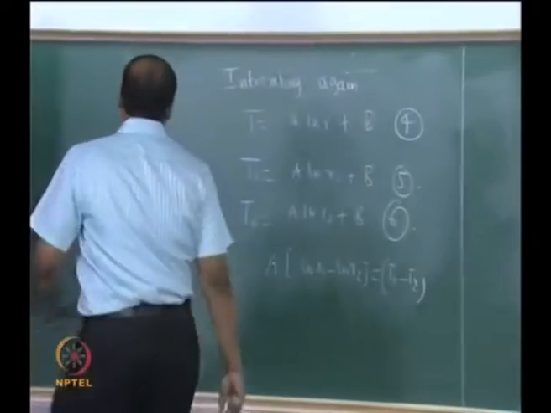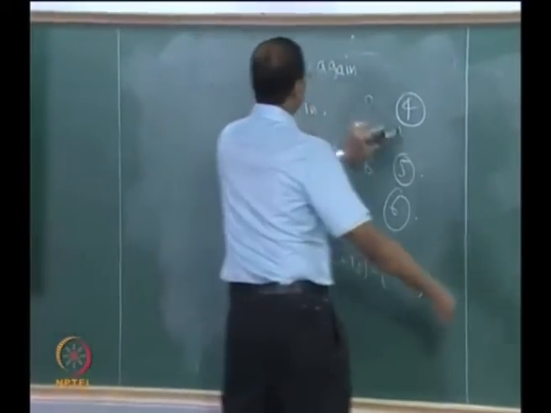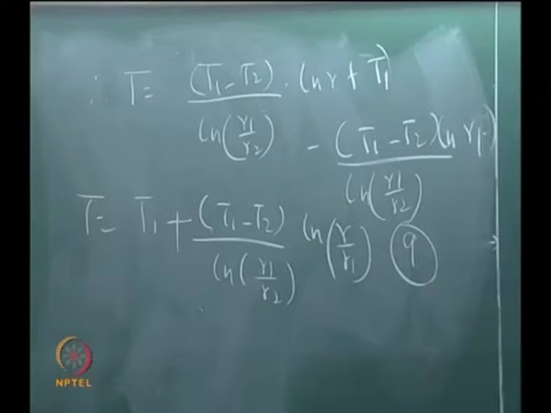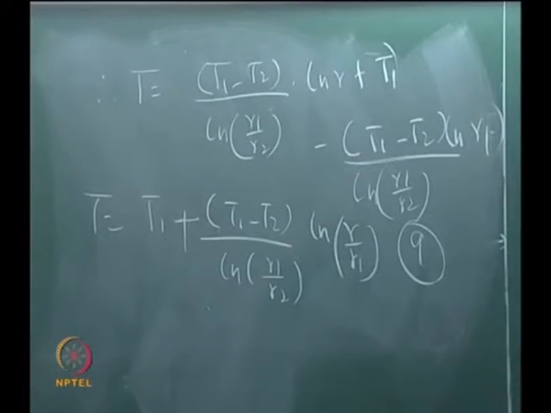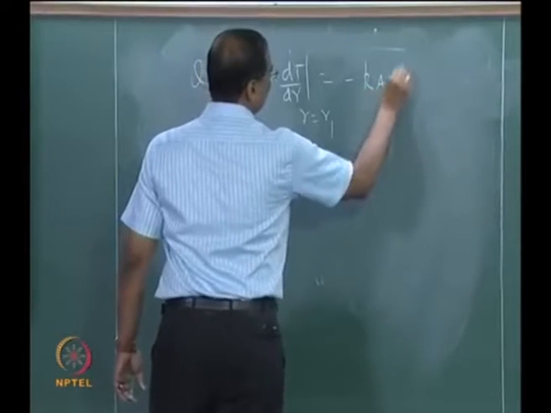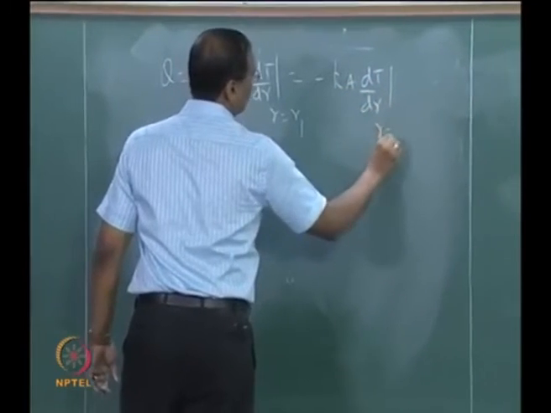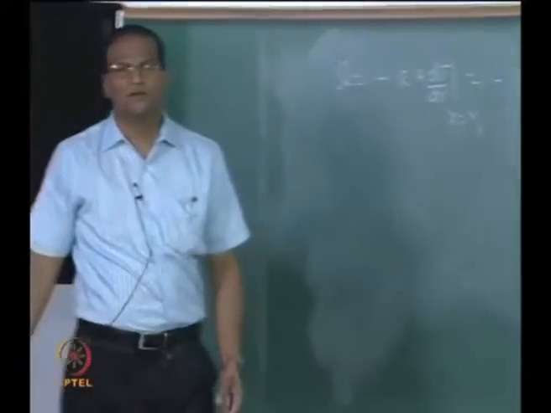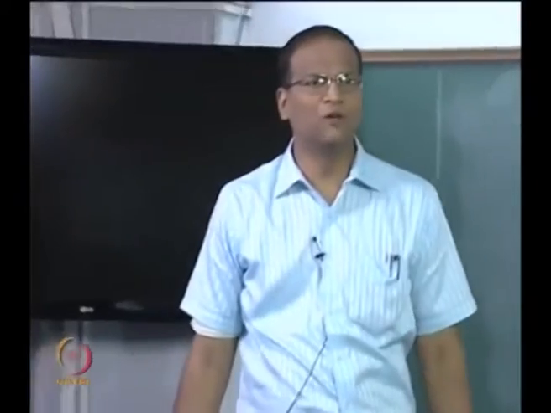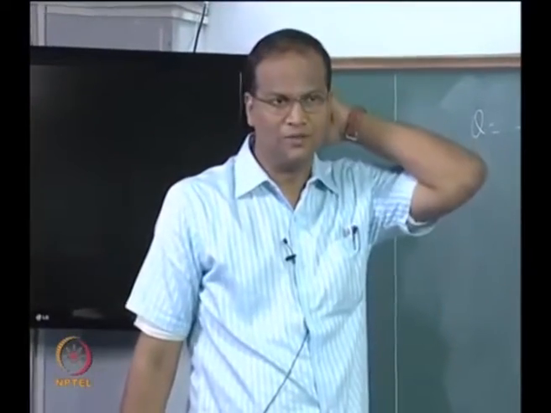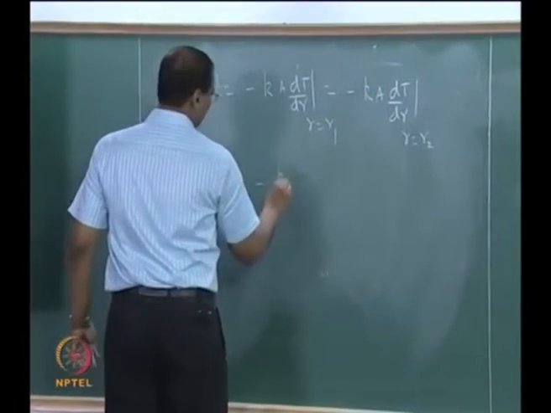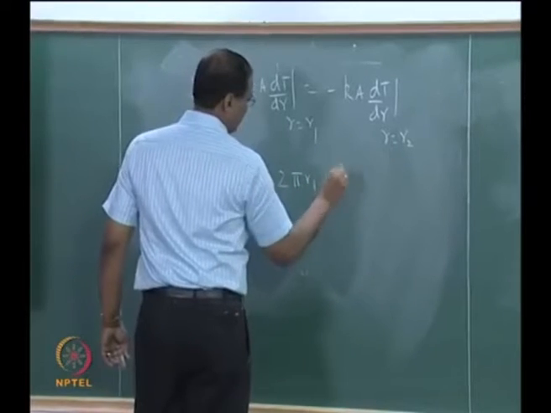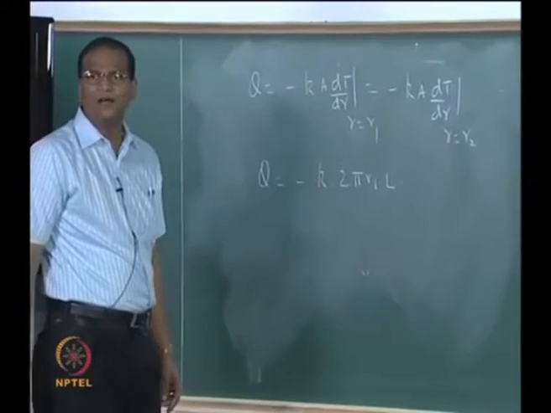We are interested in the heat transfer rate. This has to be correct. That's how we wrote the equation d by dr of r dT by dr equal to 0. Okay. So if this is the case, what is dT by dr? A by r.